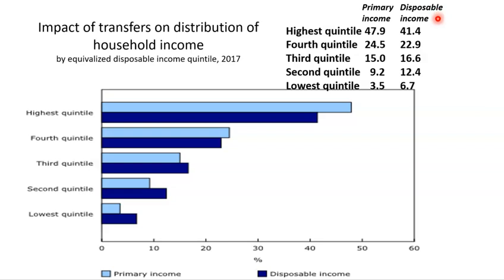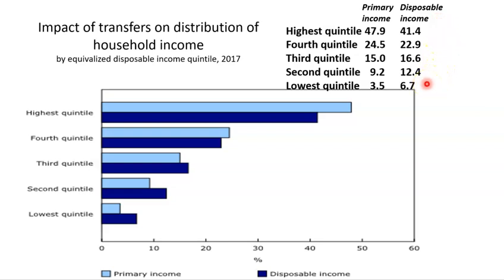So disposable income just describes what people have got left over to dispose of or to spend once they've paid their taxes and once they've received any money that they might be getting from the government.